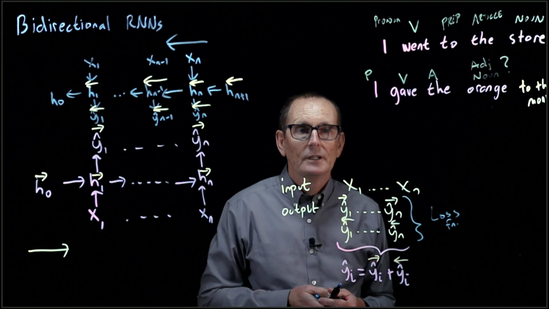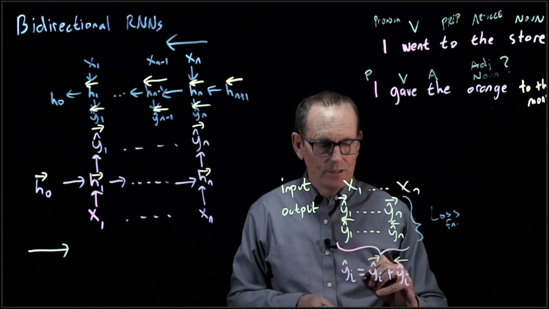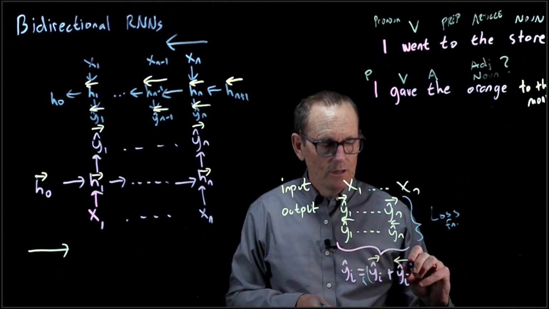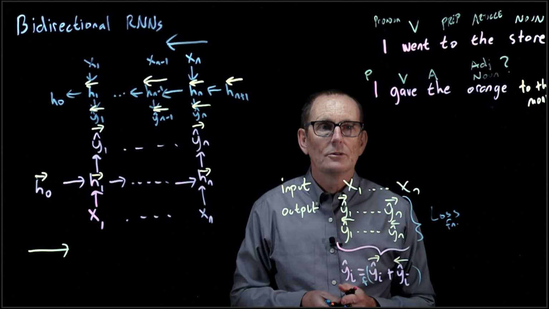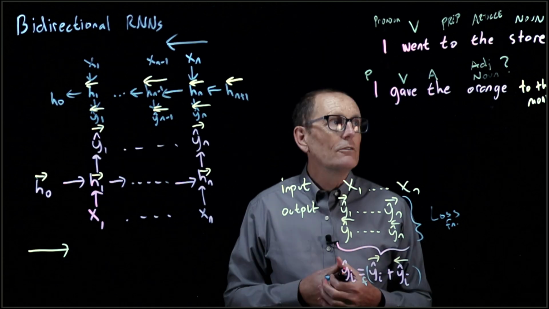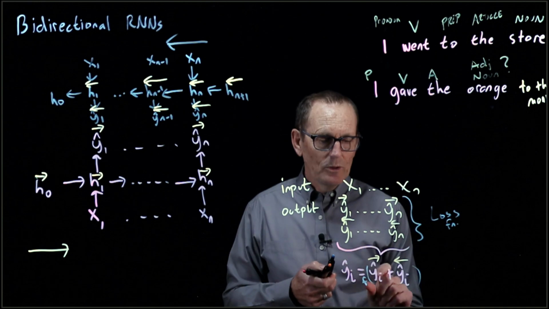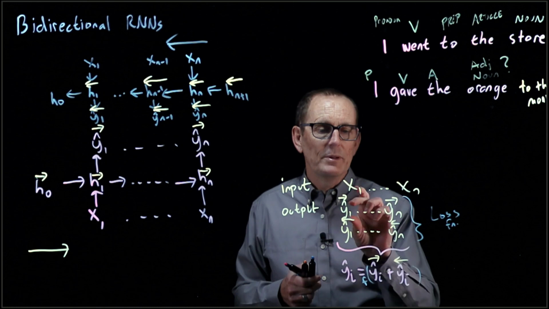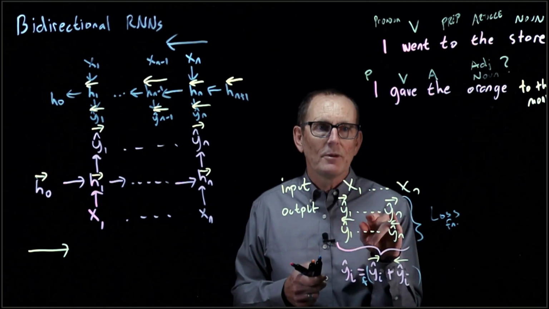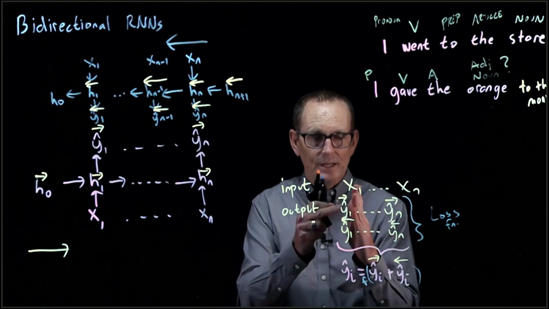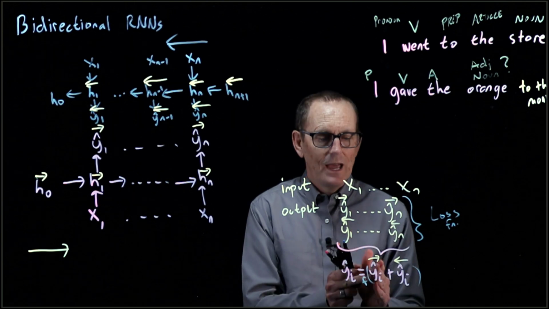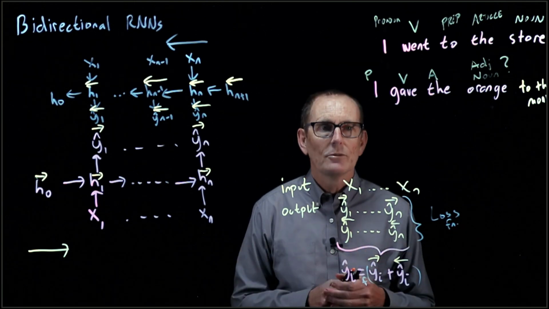Sum them together, or we could do some sort of a function of these two. Or just feed them directly into our loss function. However makes sense to do. For this particular example, we would probably have some function that we apply to these. So maybe these are the probabilities. Each of these is a softmax probability. We might sum together the softmax probabilities and then rescale so that the totals are 1.